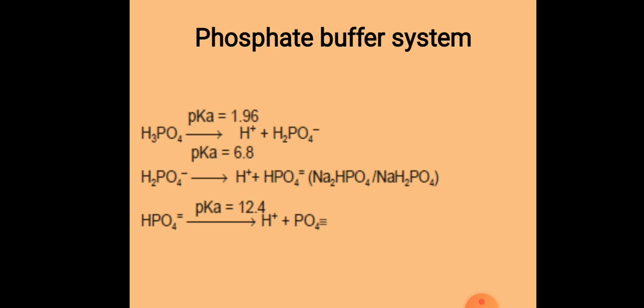Then this H2PO4 minus can dissociate into H plus and HPO4 2 minus, where the pKa is equal to 6.8. And finally, the HPO4 2 minus can completely dissociate into H plus and PO4 3 minus, where the pKa is equal to 12.4.